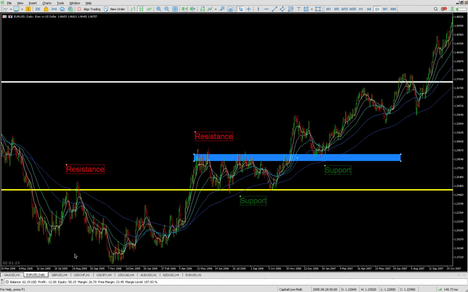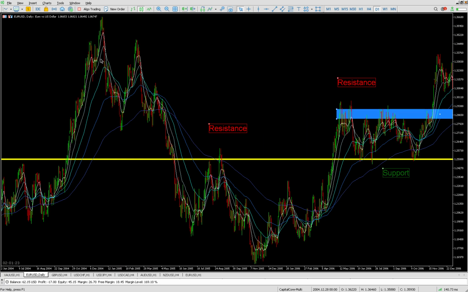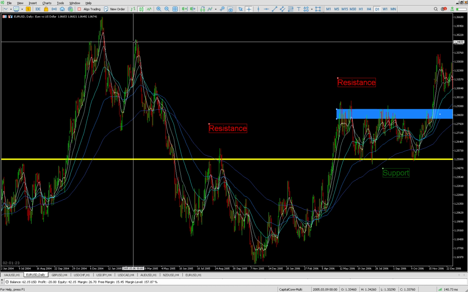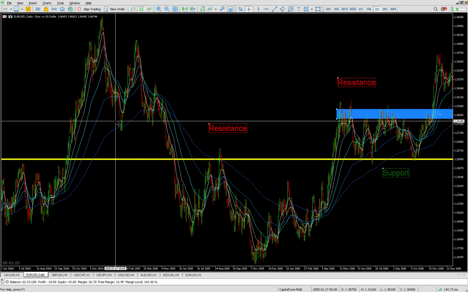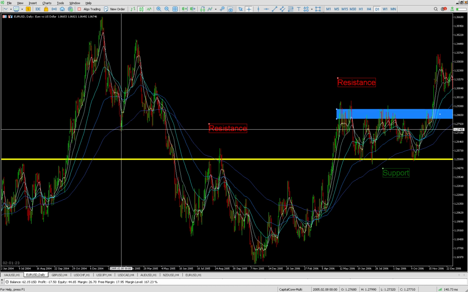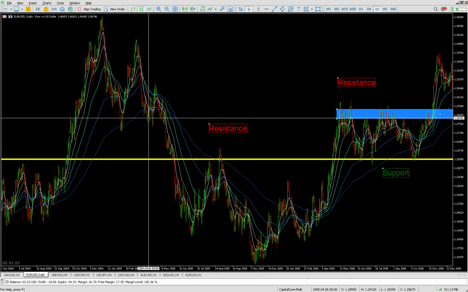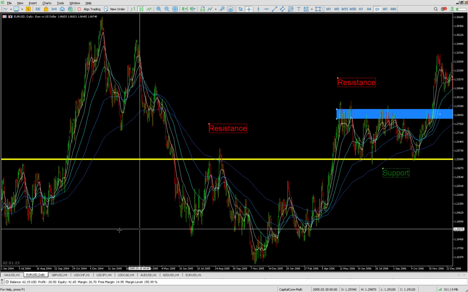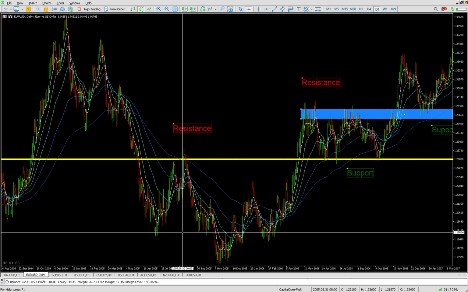Well, if you look at the structure, okay, so this was a downtrend. We have lower highs, lower high here, but the downtrend wasn't confirmed until we had this lower low, broke through all this, and so it looked like we would continue down.